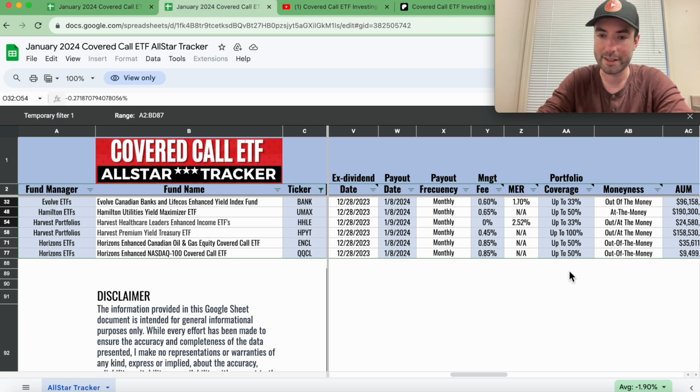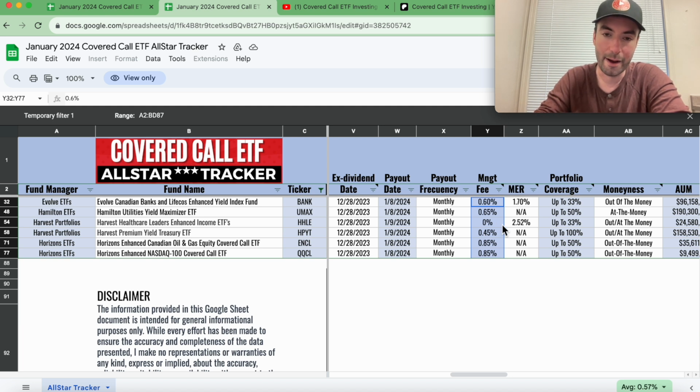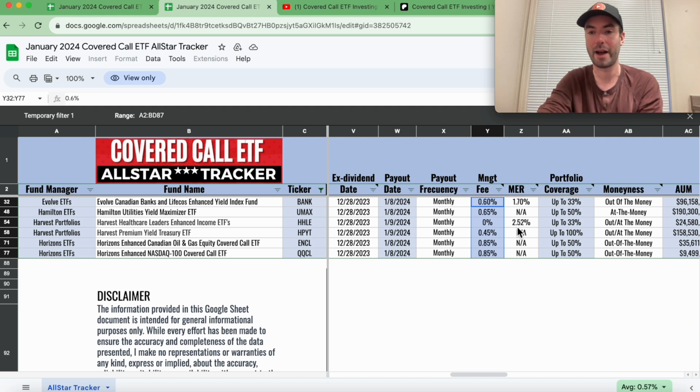Whereas if we go over to the sector-based funds, we can see the average management fee is 0.057. HHLE says 0 management fee. That's because of its underlying fund. Its underlying fund, HHL, probably has, again, maybe 0.65 to 0.85, somewhere in there, but you can see its MER is 2.5.